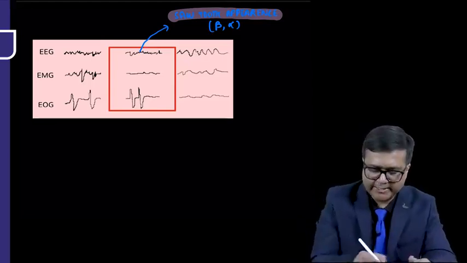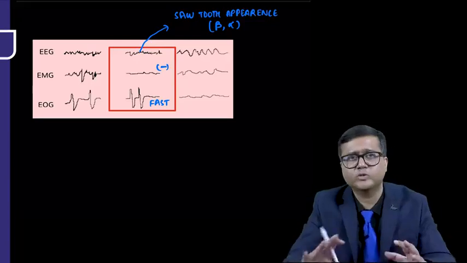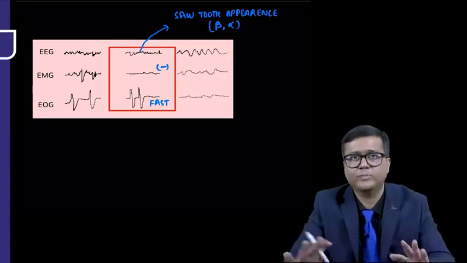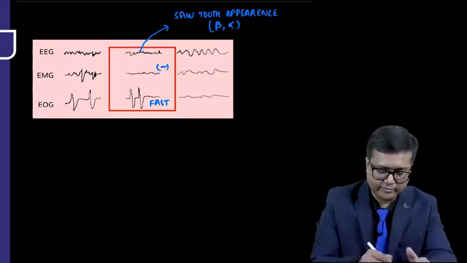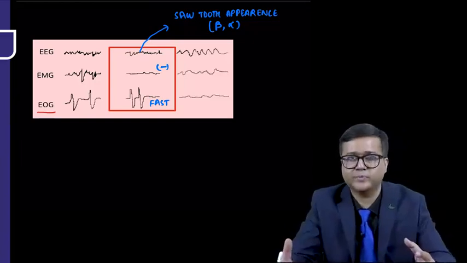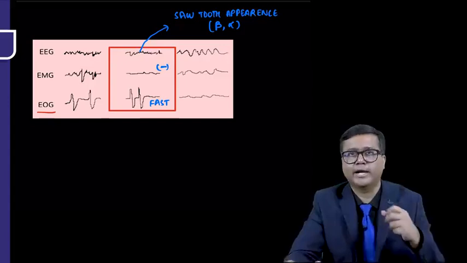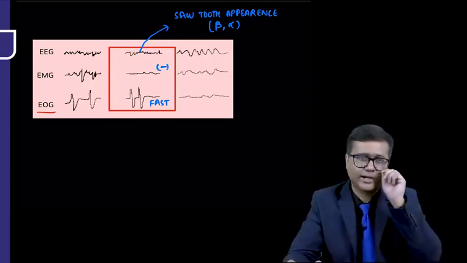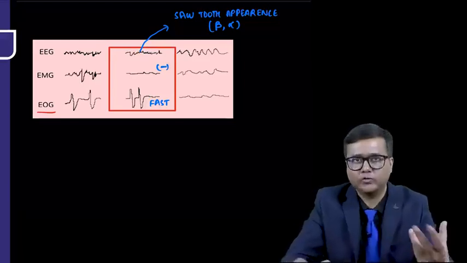If you look at the EMG, it shows very minimal or negligible activity. And the EOG is showing fast activity. So EOG is fast, EMG is minimal, and the EEG shows beta and alpha activities with sawtooth appearance. So what is this stage?